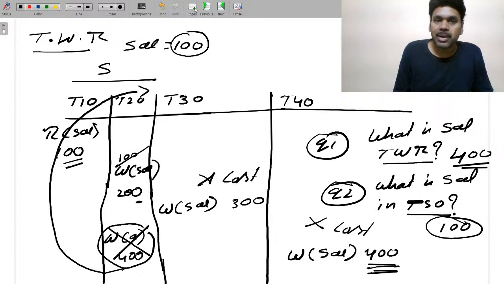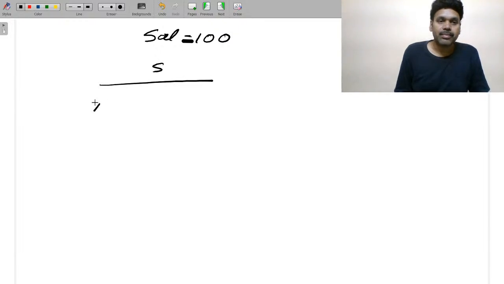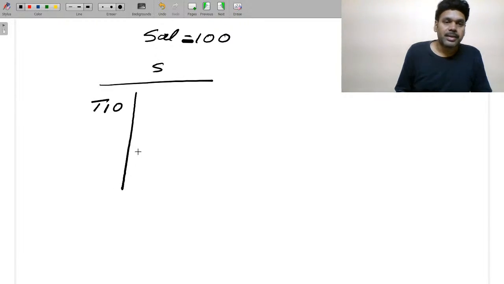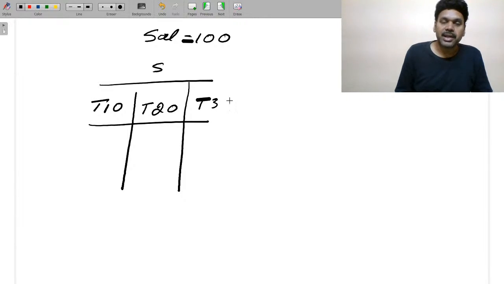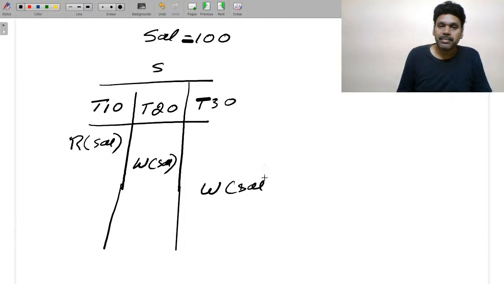So last example, we say salary is equal to 100, T10 and T20 and T30. Read salary, write salary and write salary.